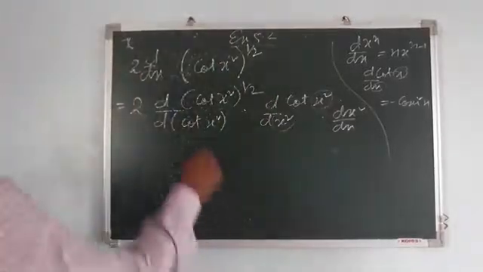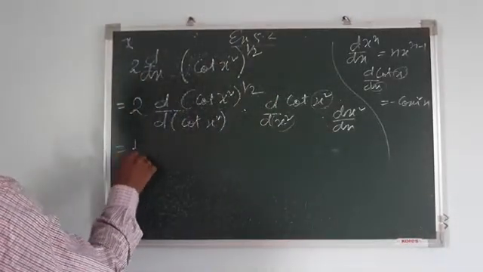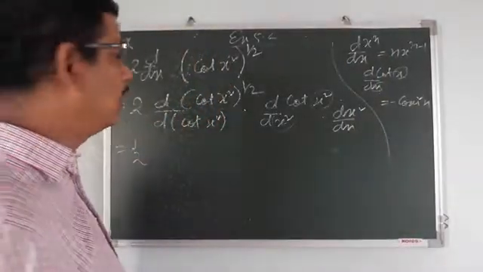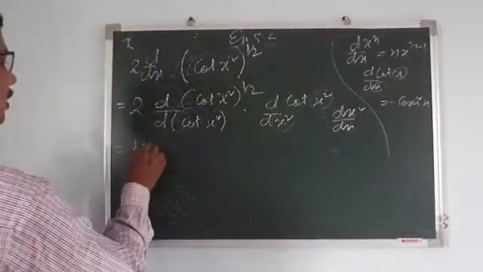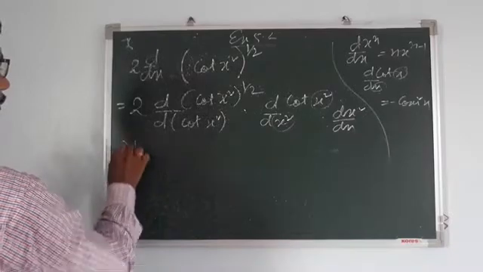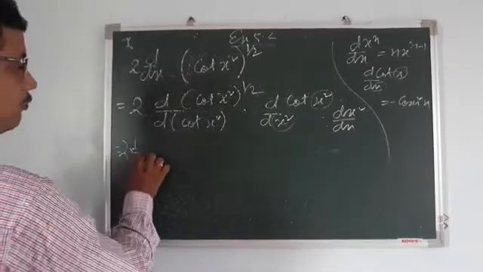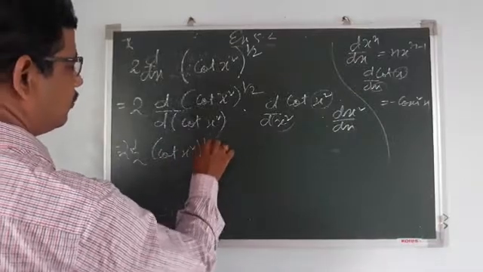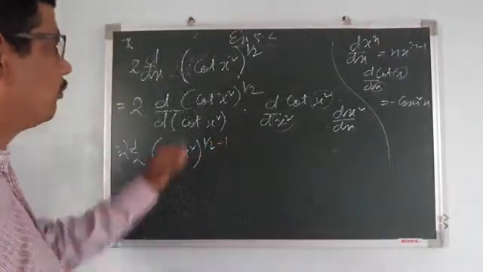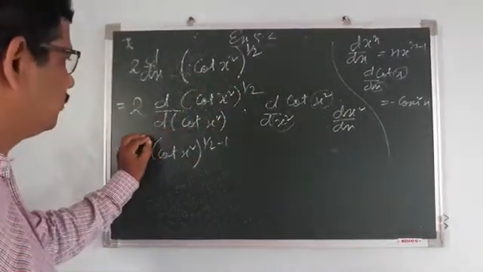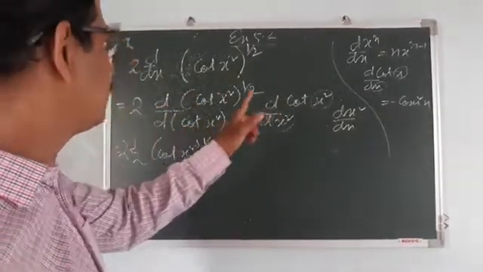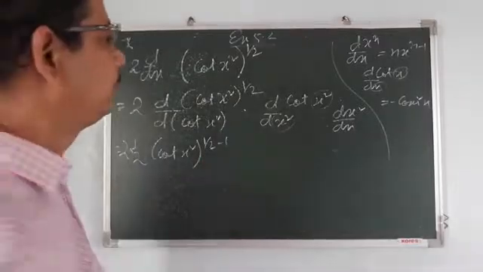Now the formula. As we know, x to the power n with respect to x is n x to the power n minus 1. So here also we will write half into cot x square to the power half minus 1.